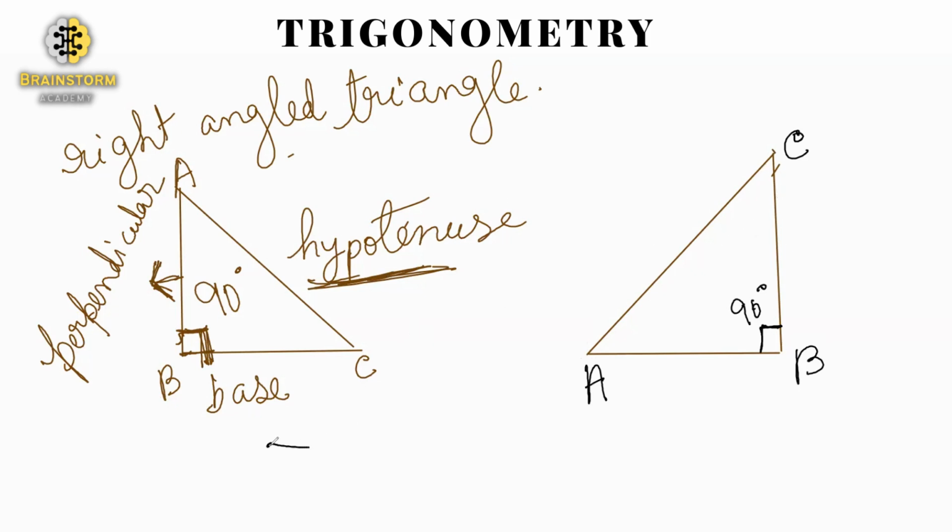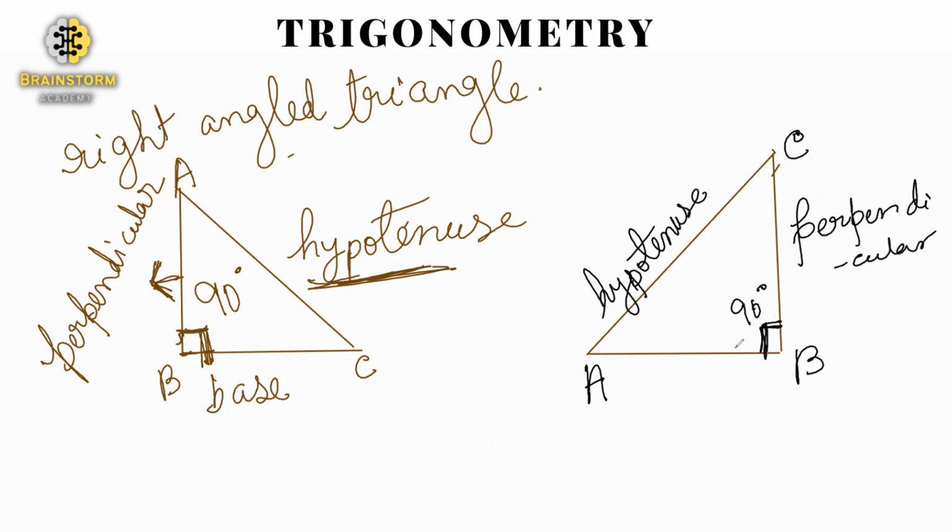Now if I consider this to be my plane, then this is still the hypotenuse, because I said hypotenuse would never change. This is my hypotenuse, opposite to 90 degrees. Now this side becomes the perpendicular, yes or no?